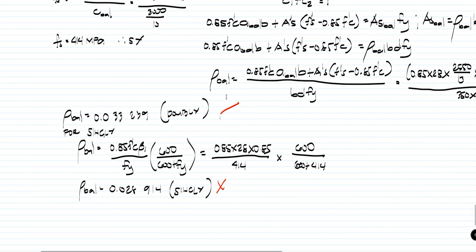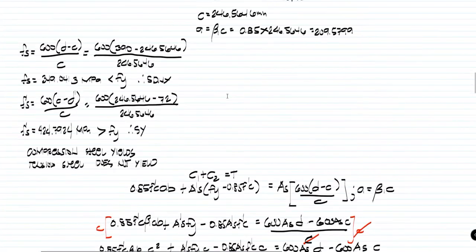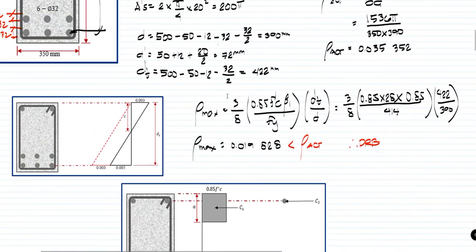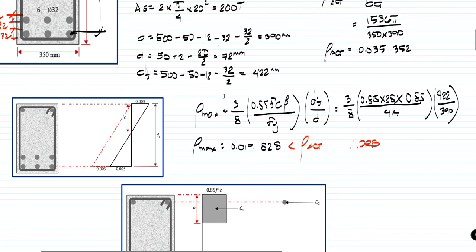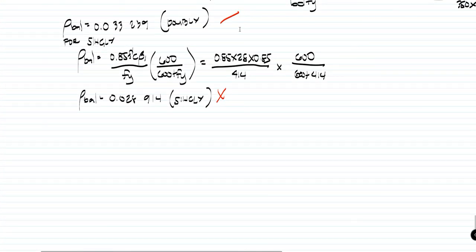And from our given problem, as you can see, our actual rho is 0.035, which is exceeding our balance steel ratio. And from this, we can conclude that our beam is over-reinforced.